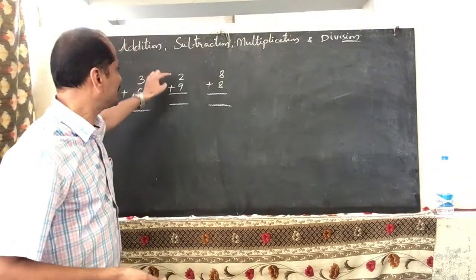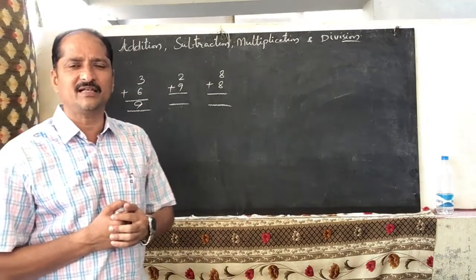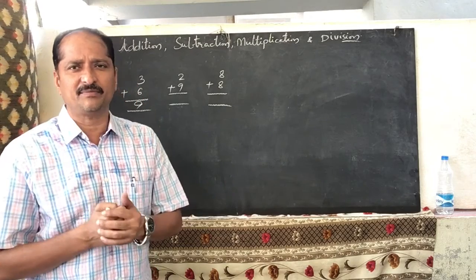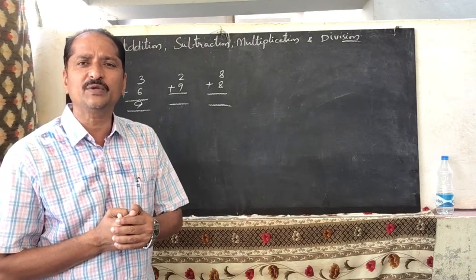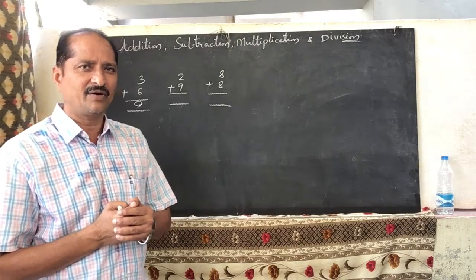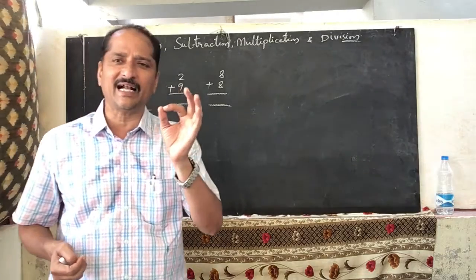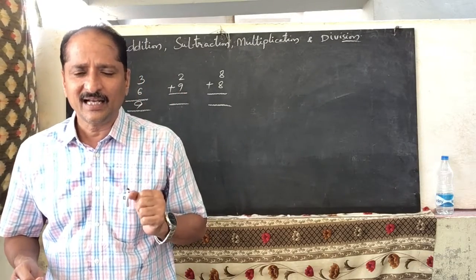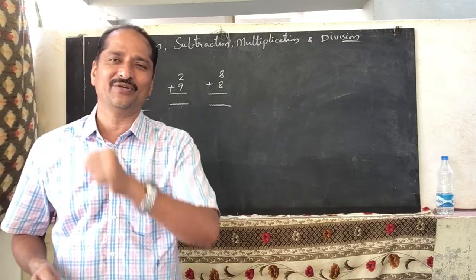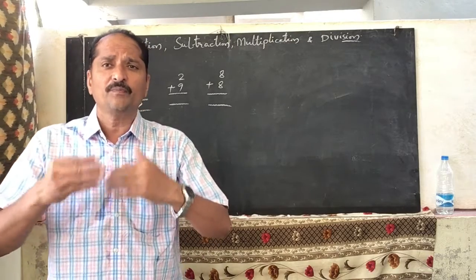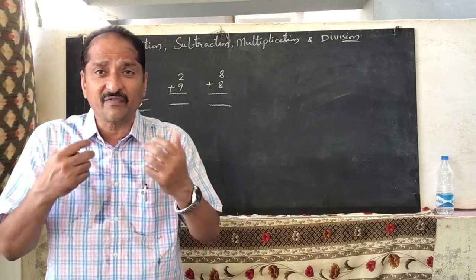Now the second one, check 2 plus 9. In this type of sum, whenever you are finding the sum, observe carefully the two digits of the given numbers. What are the two numbers here? 2 and 9. 2 and 9 are the addends. In these two numbers, which is the smallest one you have to take? 2. Slowly we have to improve, slowly we have to make it fast.